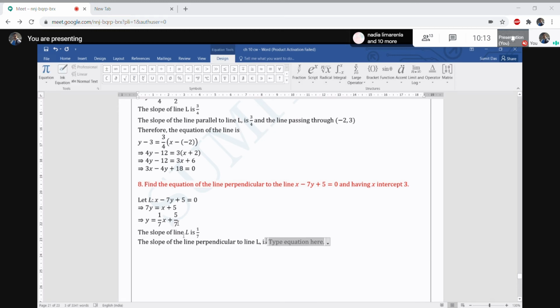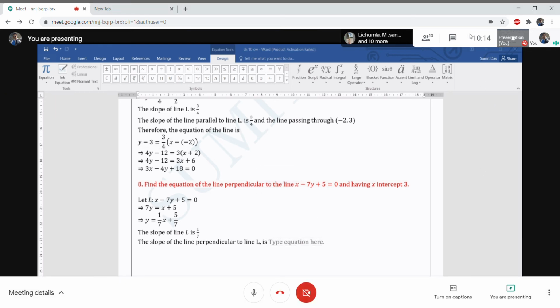If slope of line L is 1 by 7, so what will be the slope of the line which is perpendicular to this line? Let me know in the comment box, chat box, please reply. What will be the slope of the line which is perpendicular to line L?